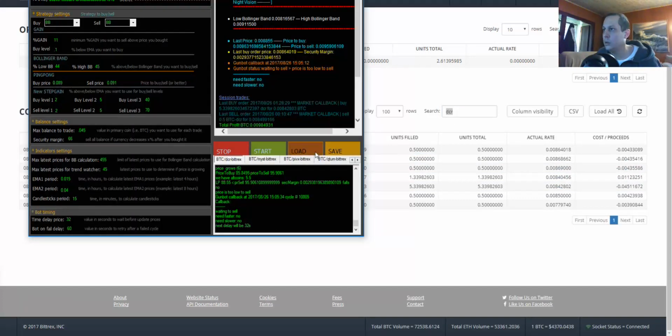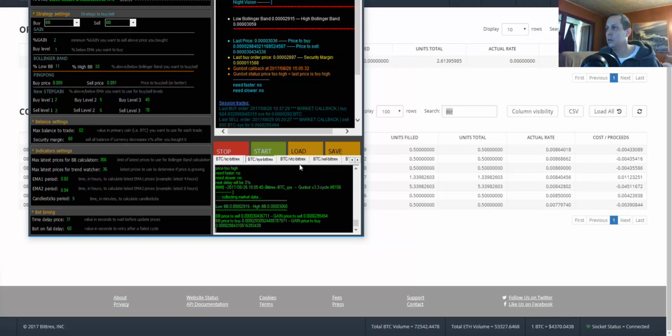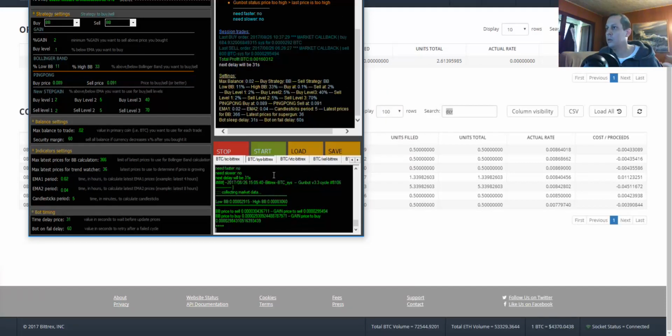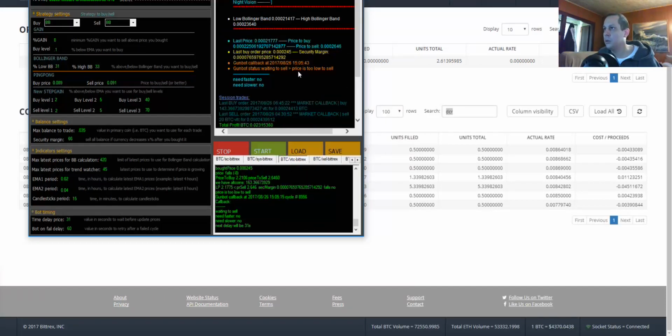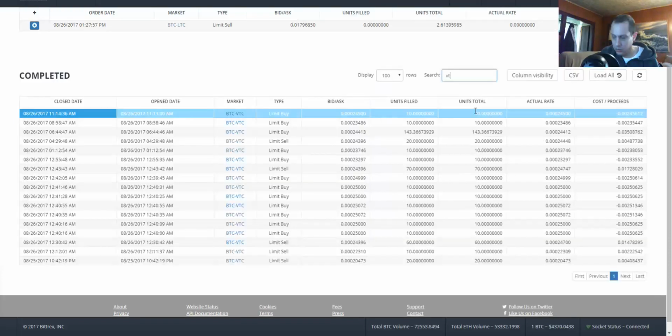See what else has done good. VTC has done really good. It's 0.02. That's because I set high gains and I knew VTC was going to take off because there was a conference. You want to buy the rumors, sell the news.